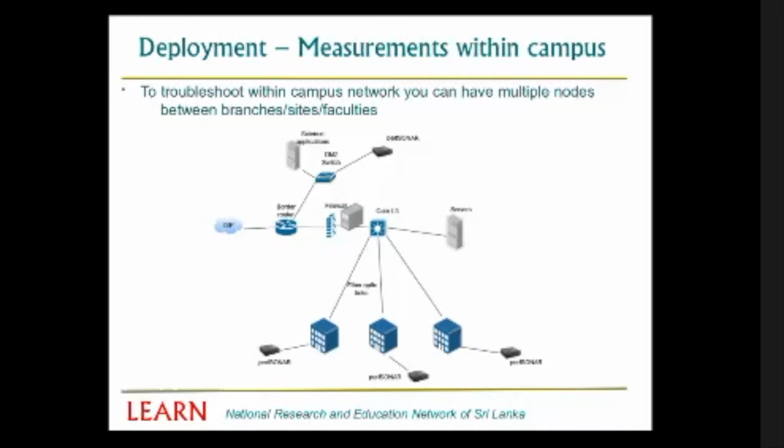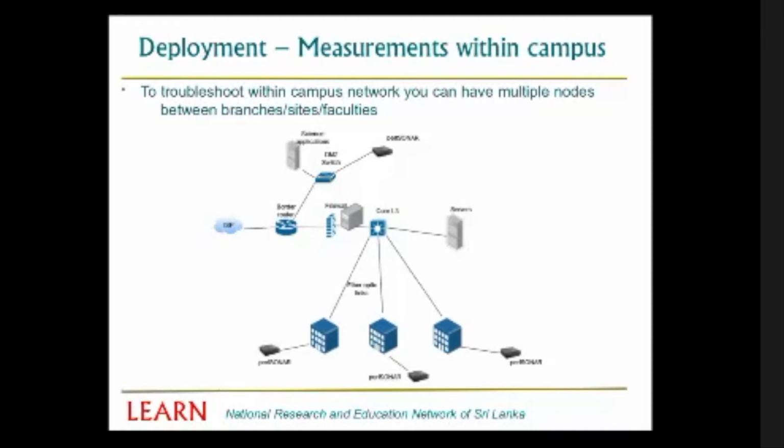So if you want to test a measurement test between sites, or from a site to the outside, or maybe from a site to the border router, you can conduct a measurement test from this Persona node to a Persona node located in the DMZ zone.